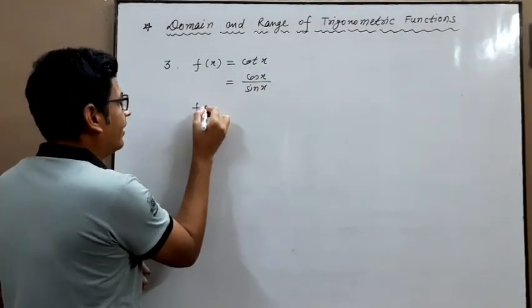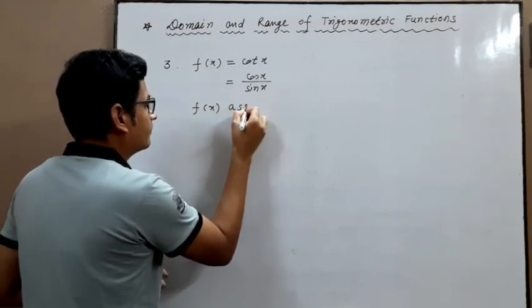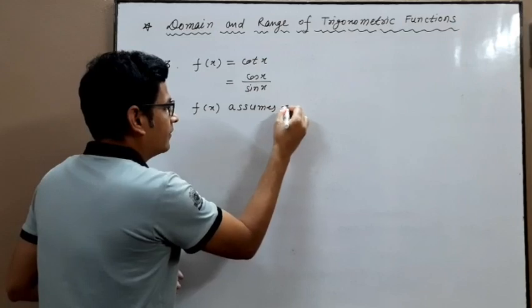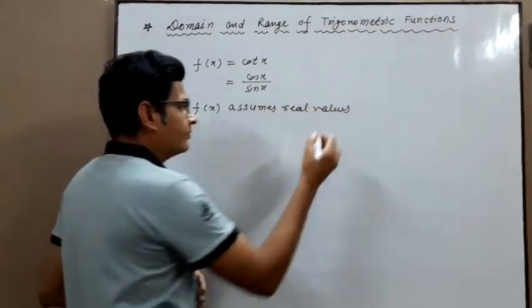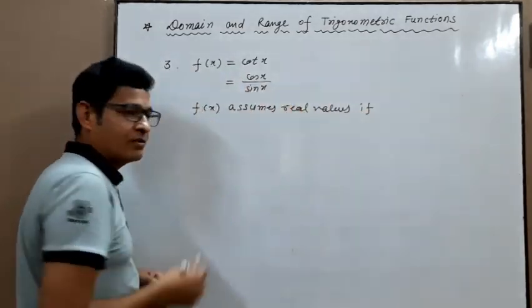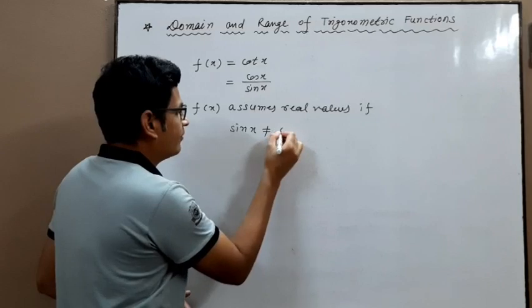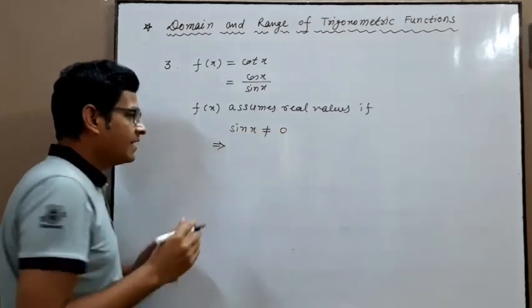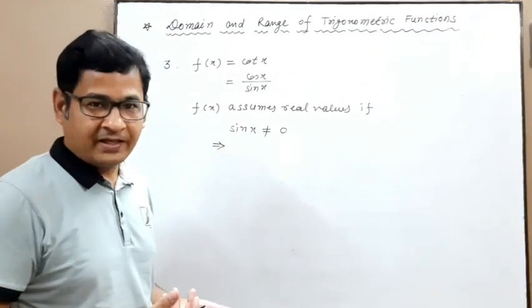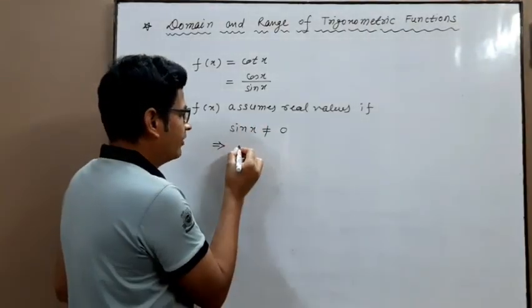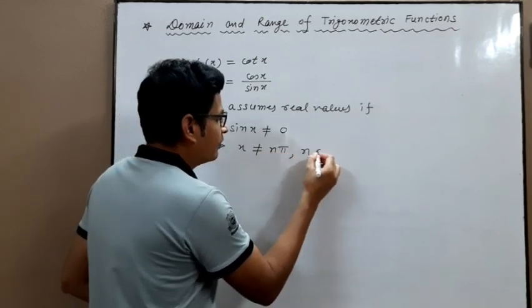Now f(x) assumes real values if the denominator is not equal to 0, so sin x is not equal to 0. Again use the trigonometric equation. Sin theta equal to 0, then theta equal to n pi. Sin x not equal to 0 means x not equal to n pi, n belonging to Z.